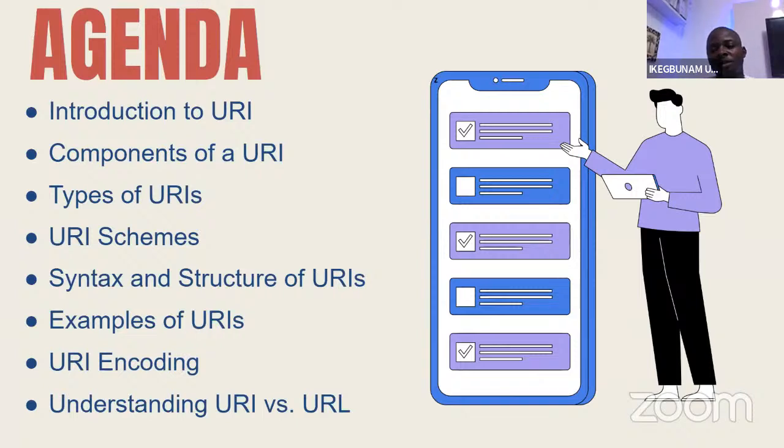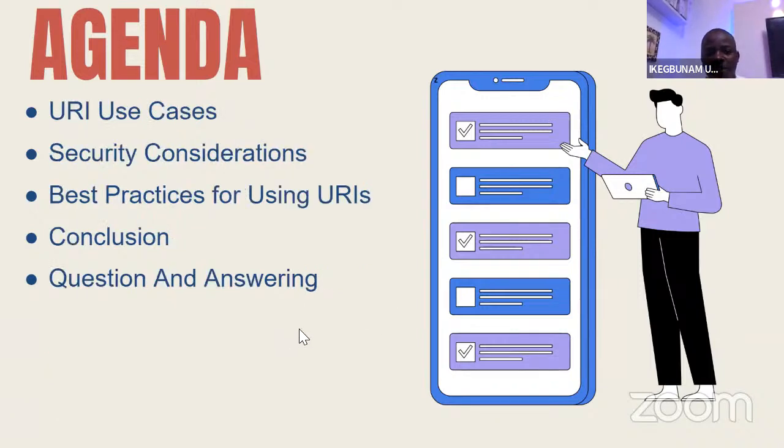So what we'll be discussing today ranges from introduction to Uniform Resource Identifier, components of URI, types of URI, the schemes of URI, the structures and syntax of URI, examples of Uniform Resource Identifier, Uniform Resource Identifier encoding, and URI use cases.